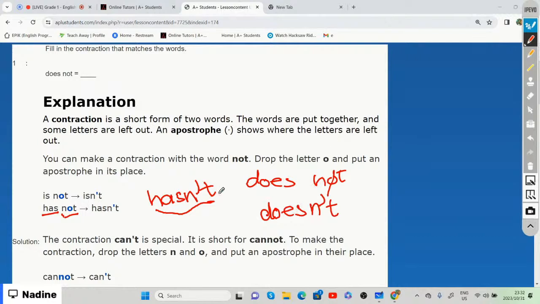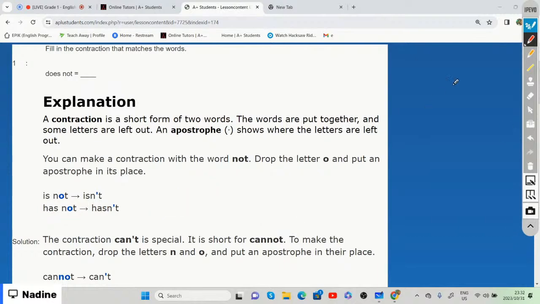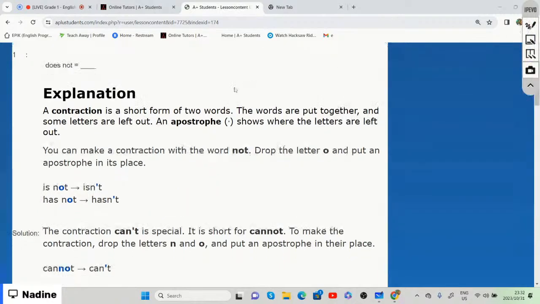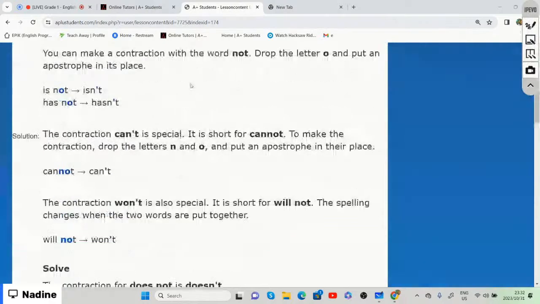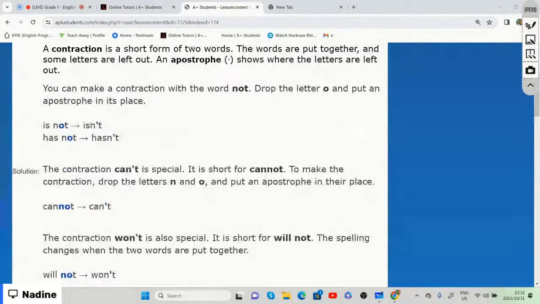There we have hasn't, which also means has not. We have isn't, which means is not. So that is basically the contractions with not, right?